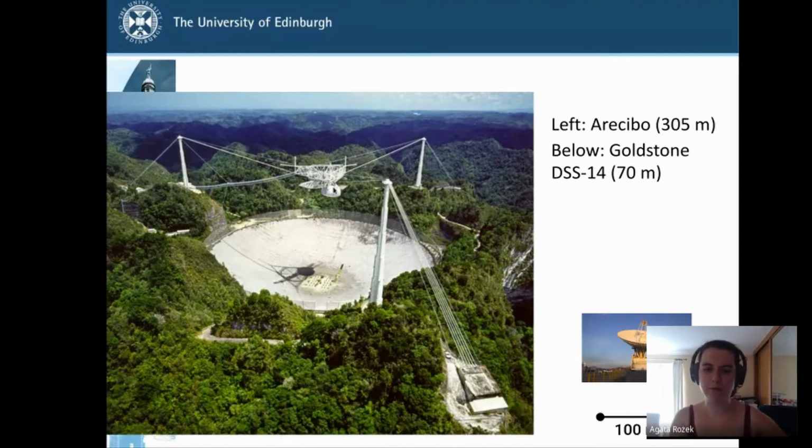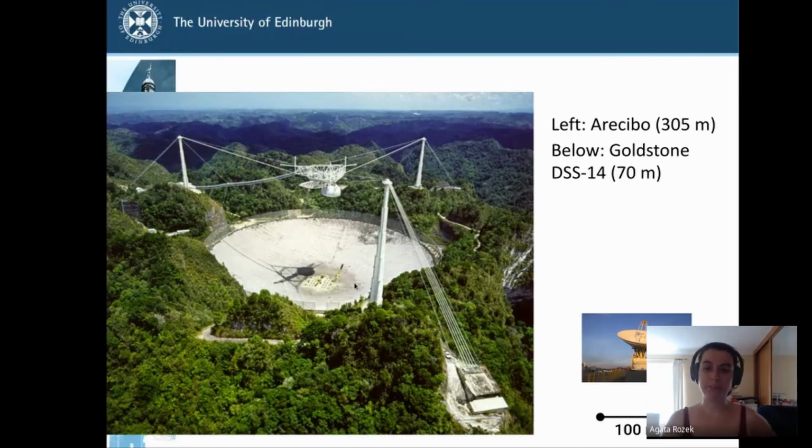So there is a powerful transmitter here in this little dome that sends the signal that gets reflected from the telescope dish. It goes up to the target, it gets reflected from the asteroid, comes back and gets received by the telescope.